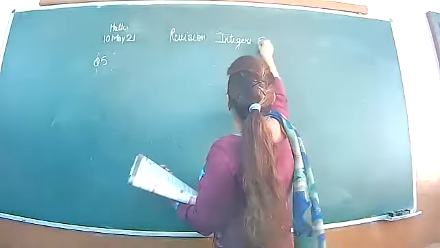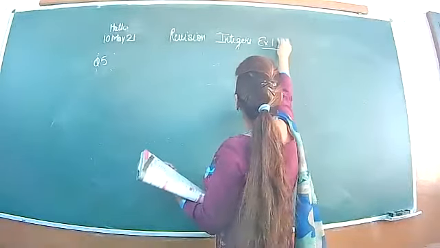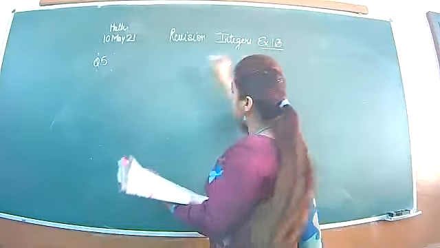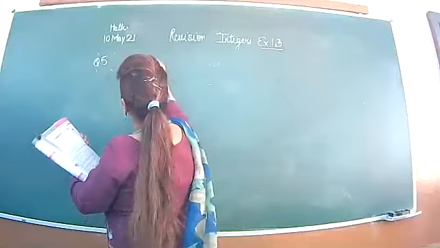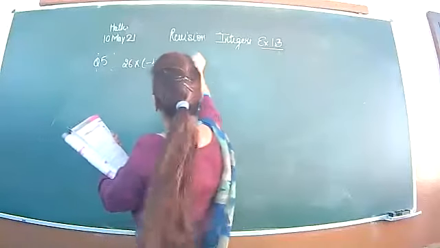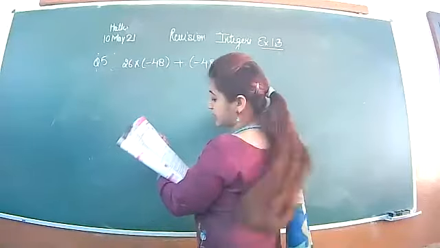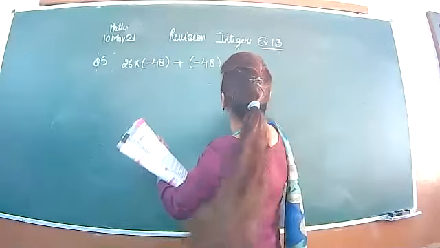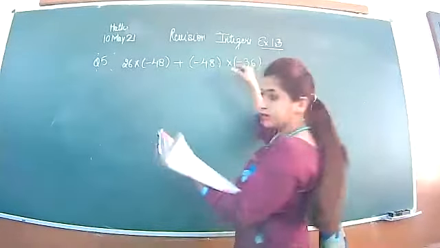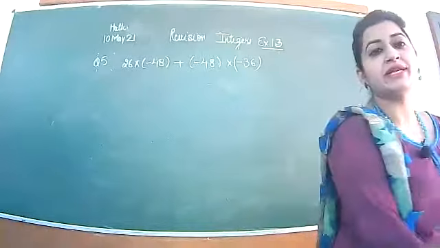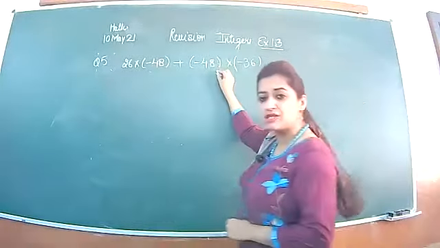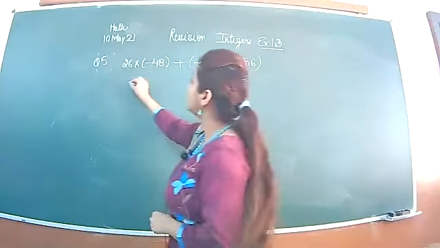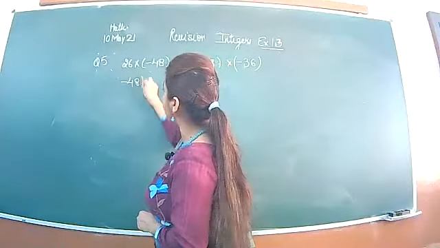Question number 5. In question number 5, you have to use a suitable property to find the product. Can you tell me the name of this property? The name of this property is distributive property. In this, minus 48 is the same, so you will take minus 48 common.